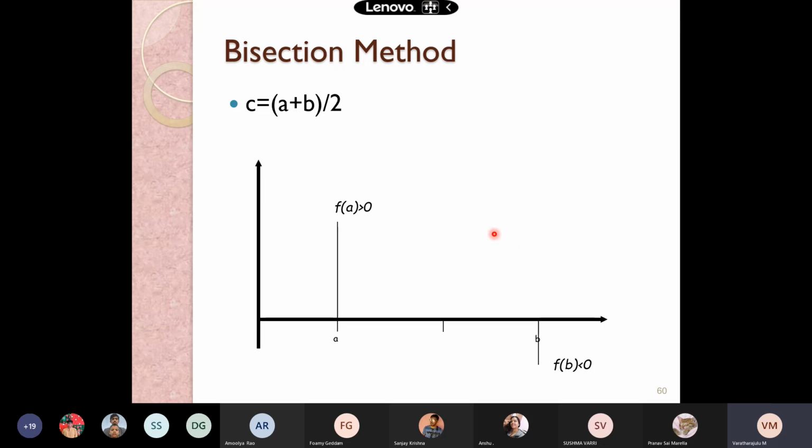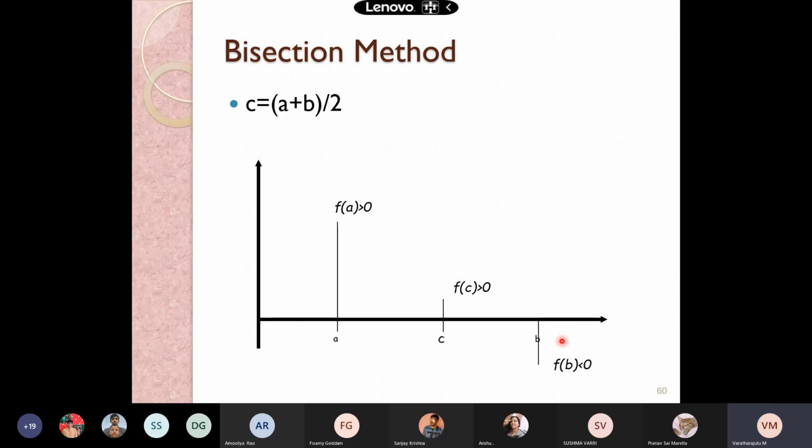This is what our first solution, that is f of A, the function of A, returns a positive value. This is the other root of the curve, and that lies in the negative direction. So this is the median, that is average, that is bisection.